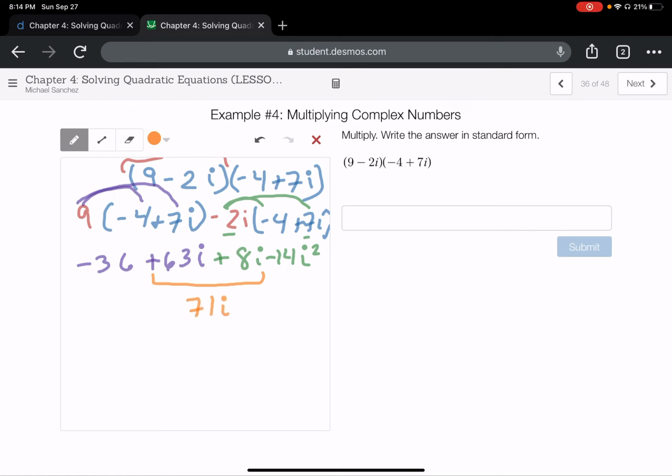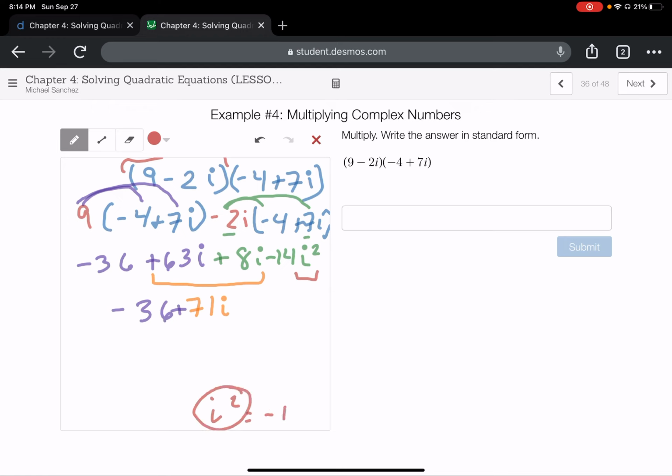I have my negative 36 that I'm going to bring down, plus. And then I have something else that I have to simplify, basically this right here, i to the power of 2. Remember back in the rules, i to the power of 2 is equal to negative 1.